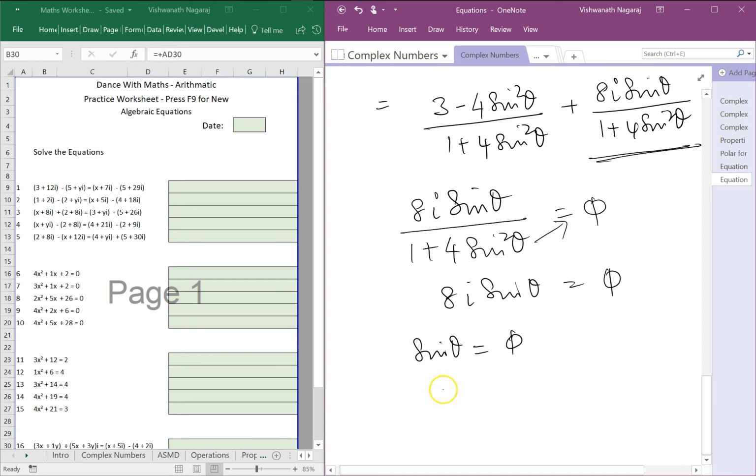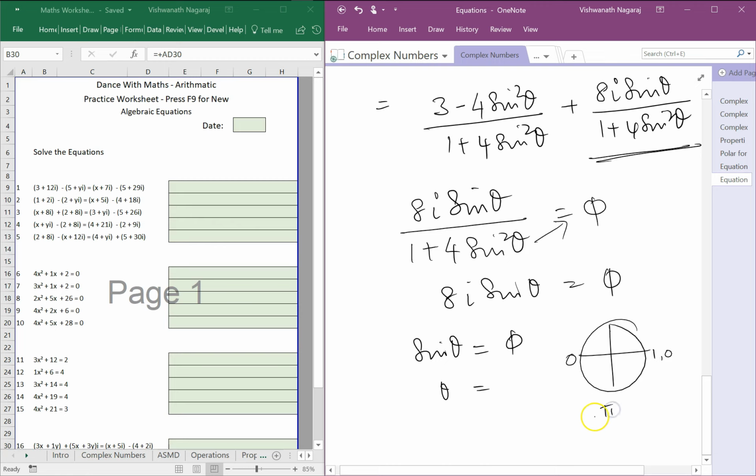Now for sinθ to be 0, if you don't remember, cosθ is 1, so sinθ has to be 0, right? Here the opposite side is also 0, and in every half circle it is going to be 0.